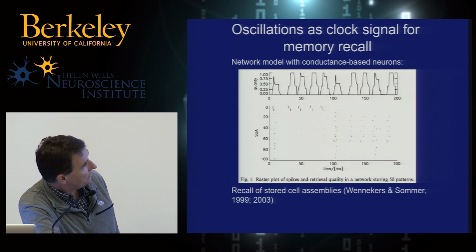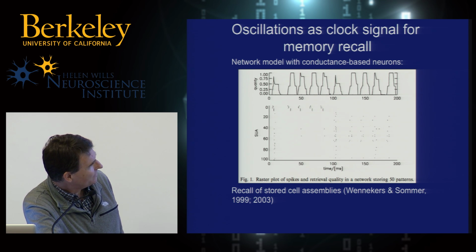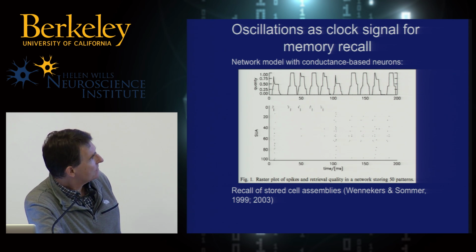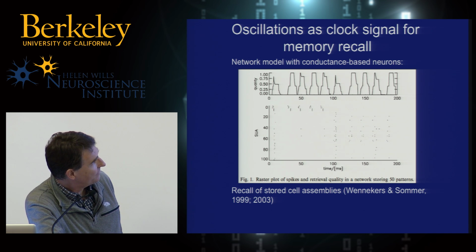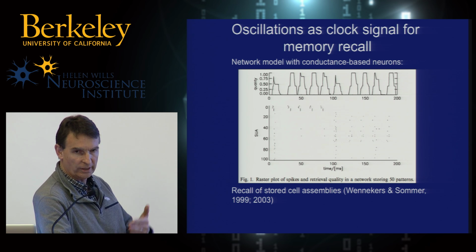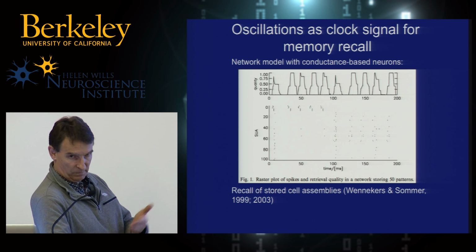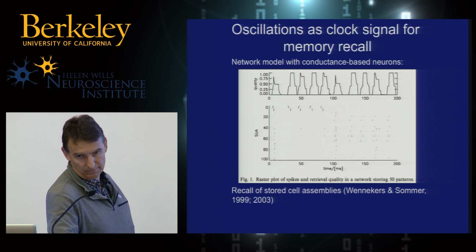And what you can see here is that in each of the oscillation cycles, there are these neurons coming a little bit earlier, and they are stimulated by the outside. And then you can see the other five coming on, and this is the network effect. So you can see that these oscillations could actually organize content addressed memory recall cycle per cycle.